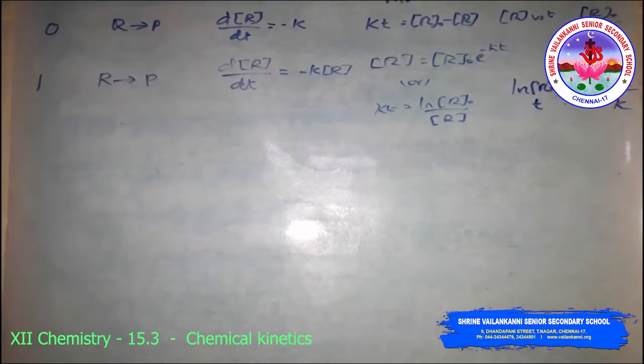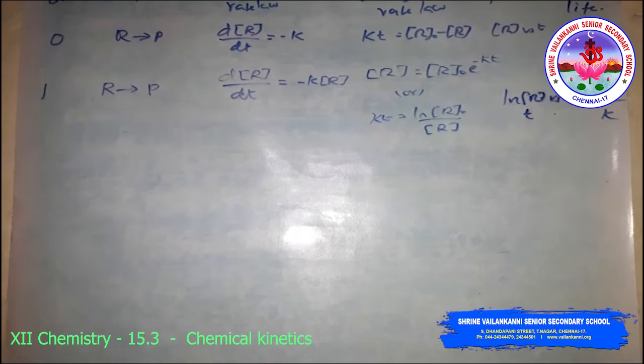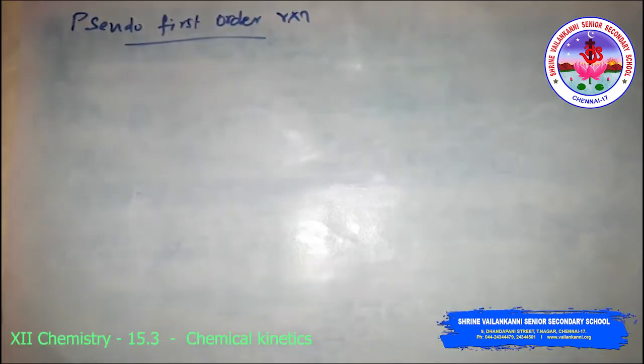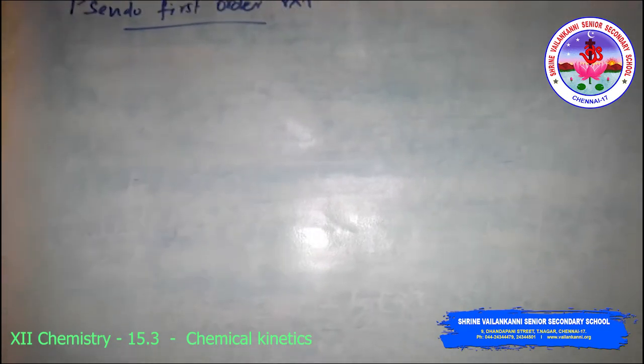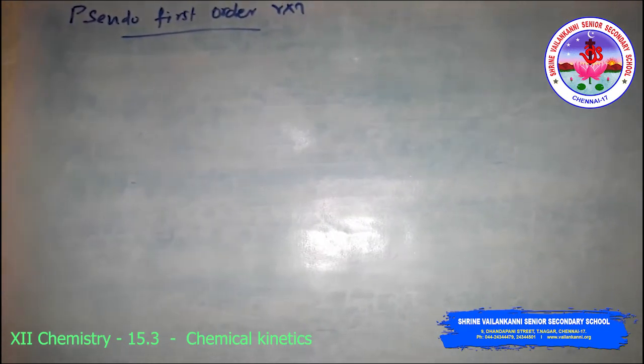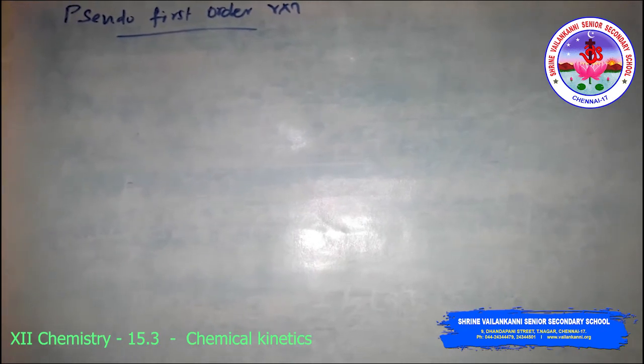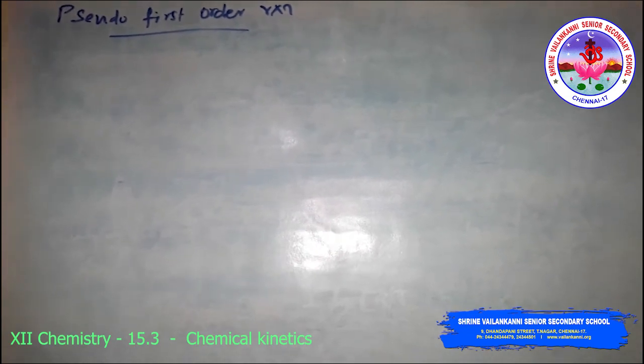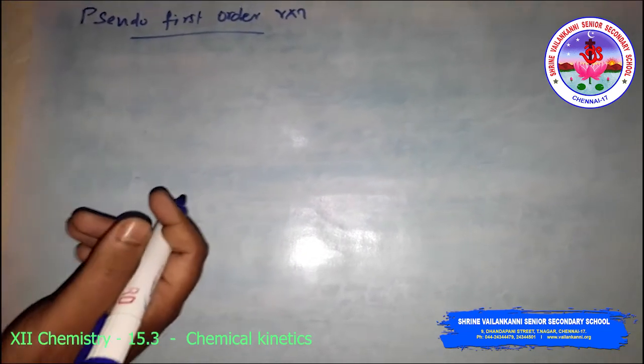Next is the pseudo first order reaction. In a pseudo first order reaction, the order of reaction is sometimes altered by conditions. We already know that it is a chemical reaction between two substances when one reactant is present in large excess, for example during the hydrolysis of 0.01 mole of ethyl acetate with 10 mole of water.